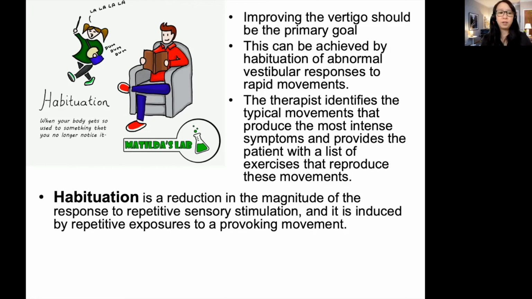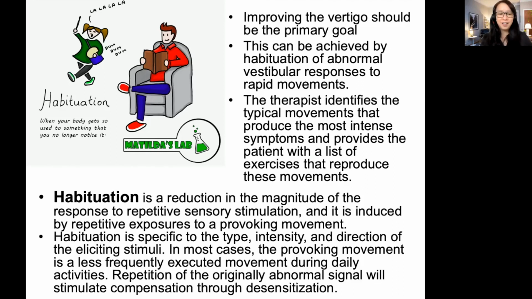Okay. So habituation is a reduction in the magnitude of response to repetitive sensory stimulation, which is the head movement. And it is induced by repetitive exposure to the provoking movement. Very jahat. Yeah. Patient already cannot tahan, but we tell them, please do it many, many times. Okay. So habituation is specific to the type, intensity, and direction of the eliciting stimuli.